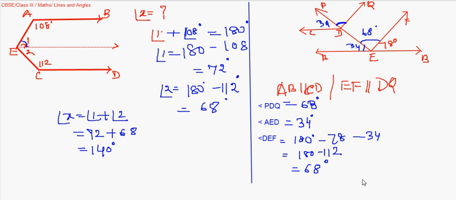Let's take up a couple more such questions. I draw the figure.